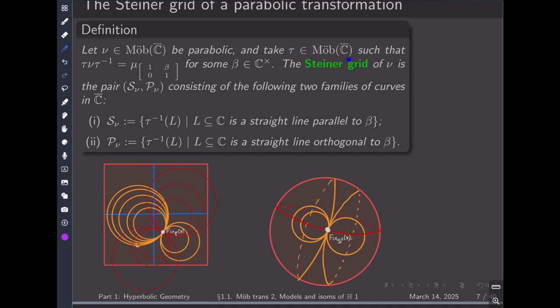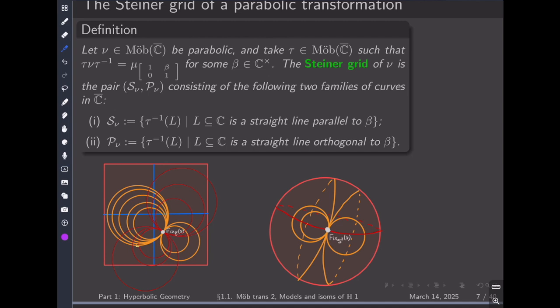And so the degenerate Steiner grid of this parabolic transformation nu is defined as taking the obvious degenerate Steiner grid of the translation by this vector beta and transporting it to nu and its fixed point.